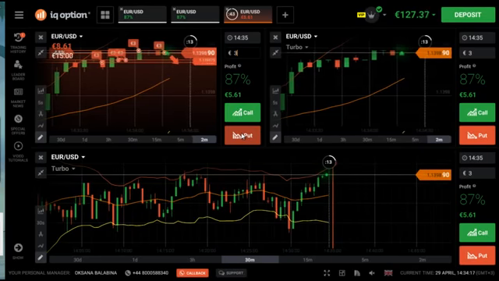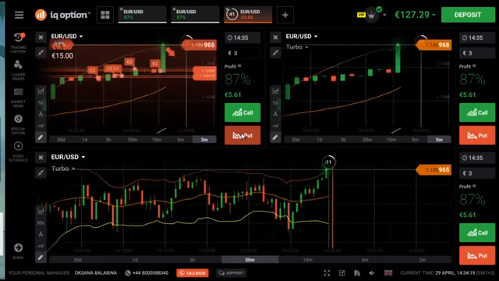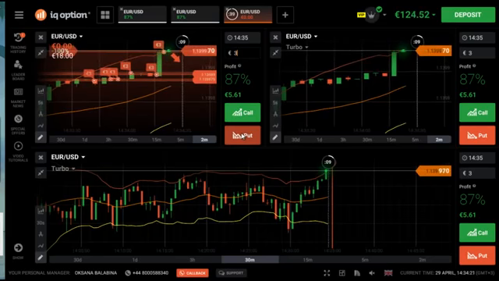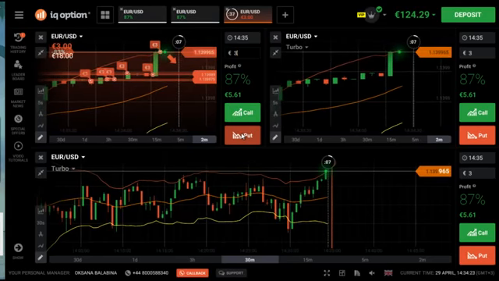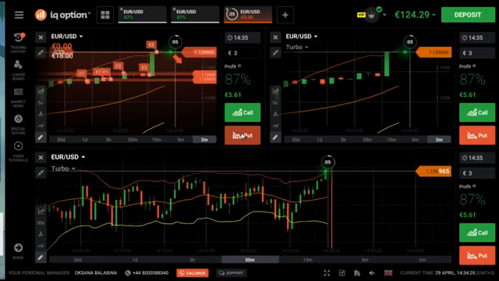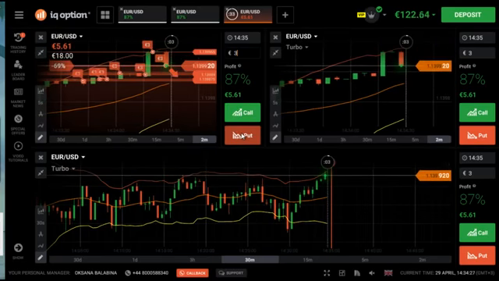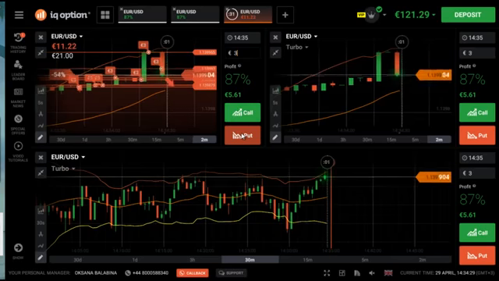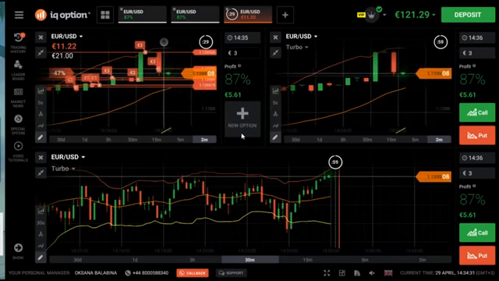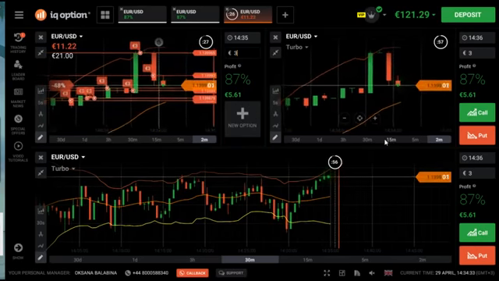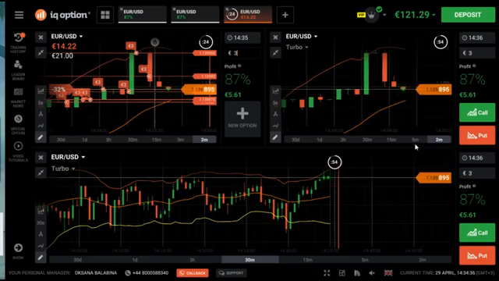I don't know if it's gonna be successful during the first option. Now we got the big green, so I'm gonna follow it up on the second window here, or maybe it's not necessary.